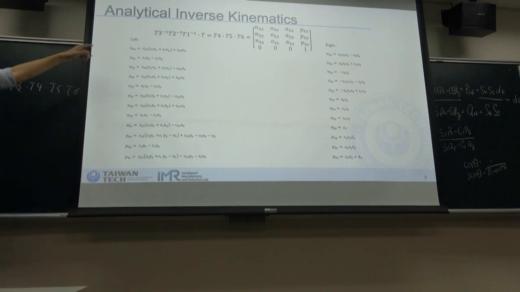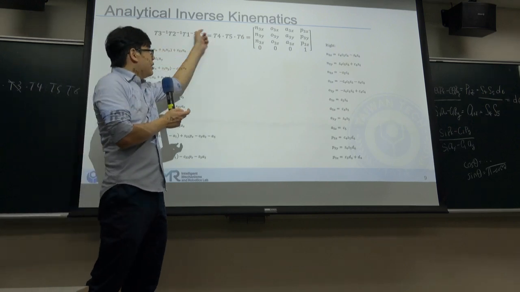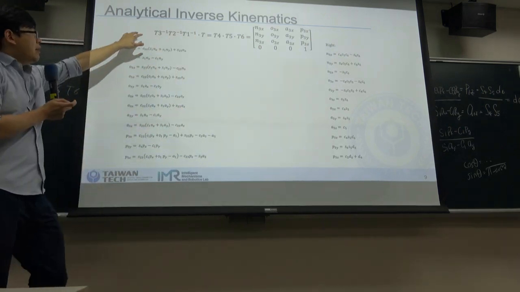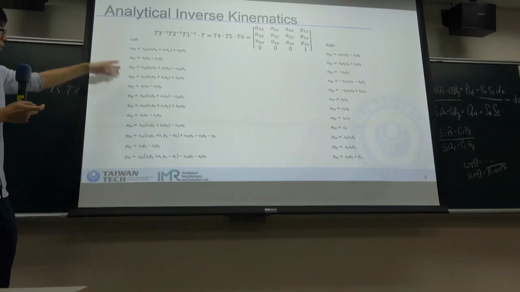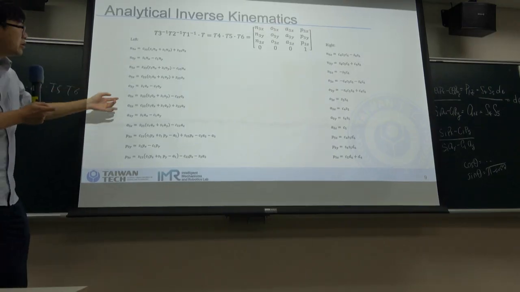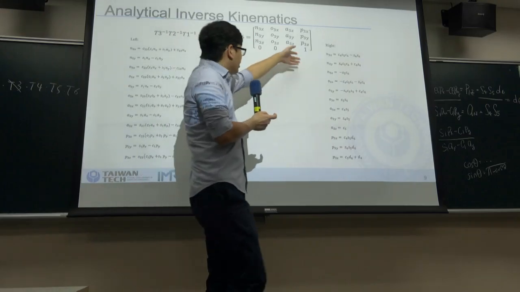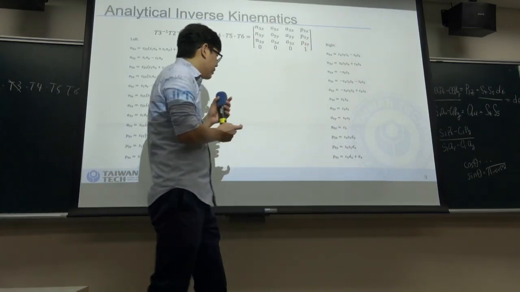So it will give you an equation like this one. On the left, we can just multiply and give you these 12 equations, and on the right, also give you another 12 equations.